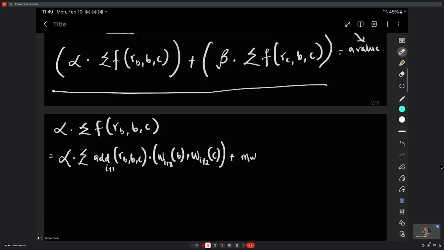Plus mult_{i+1}, r_b, b, c, times W_{i+2}(b) times W_{i+2}(c).